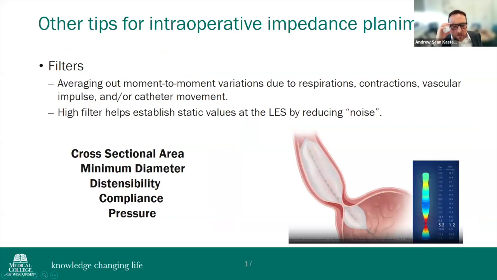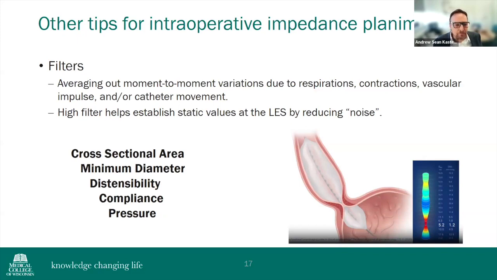Now, the measurements will be swinging up and down within a range, and you're always asking yourself which of these is the right one, especially if it seems to be swinging at a relatively larger rate. So there are filters on here, and the filter averages out moment-to-moment variations due to manipulation of the catheter or any contractions.